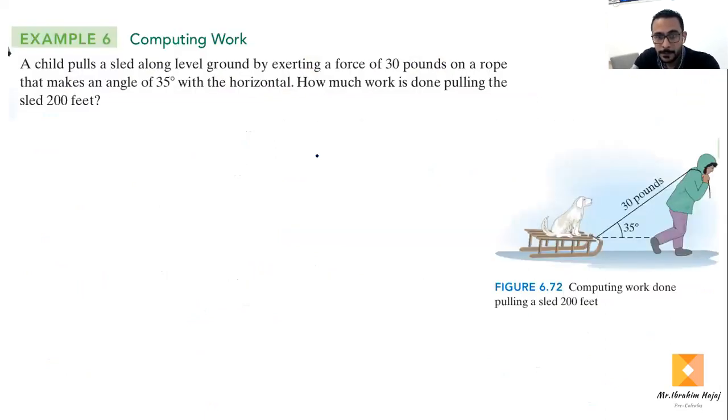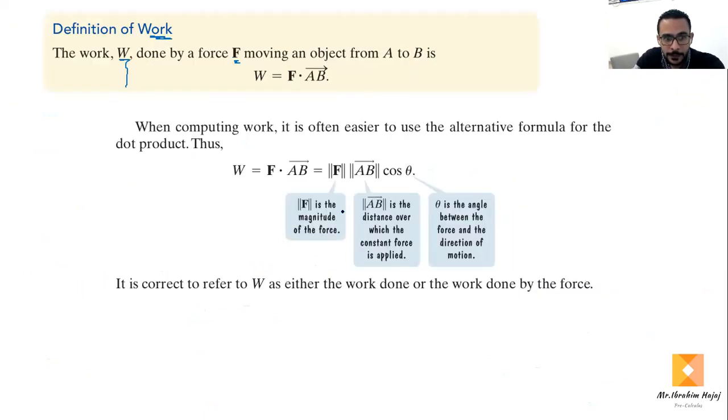The alternative formula is W equals the magnitude of F times the magnitude of AB times cosine theta, such that F is the magnitude of the force needed to move a point from A to B, magnitude AB is the distance over which the constant force is applied, and theta is the angle between the force and the direction of the motion.